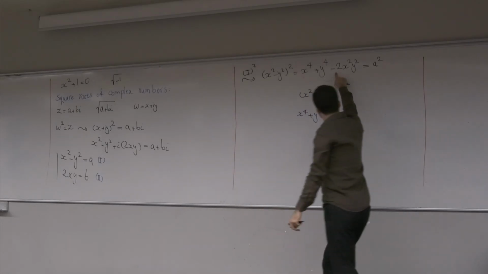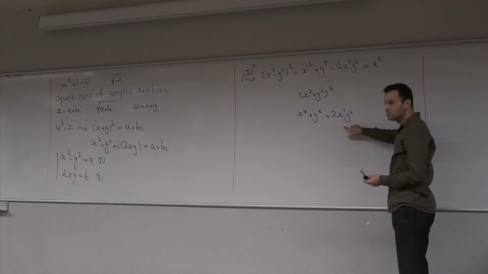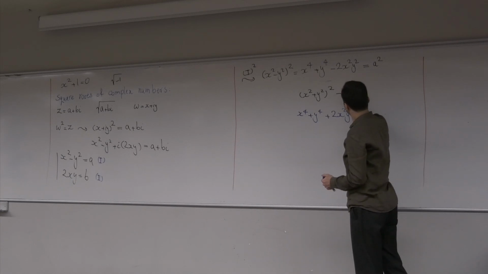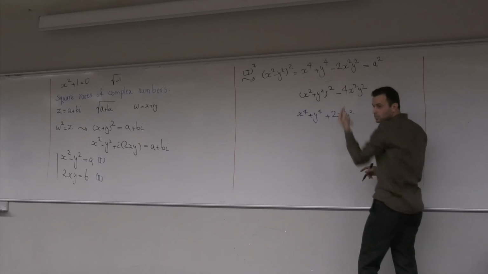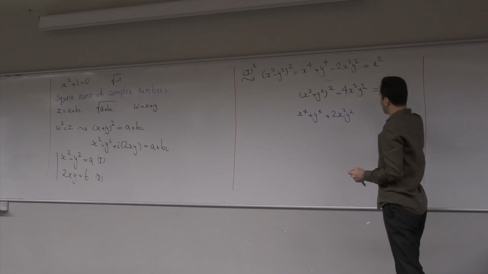But I need to have a minus 2 times x to the power of 2, y to the power of 2, and I have 2 of them more. So if I add here a minus 4 times x to the power of 2, y to the power of 2, then is this equal to this one or not? Yes, it is, right? So we have this.